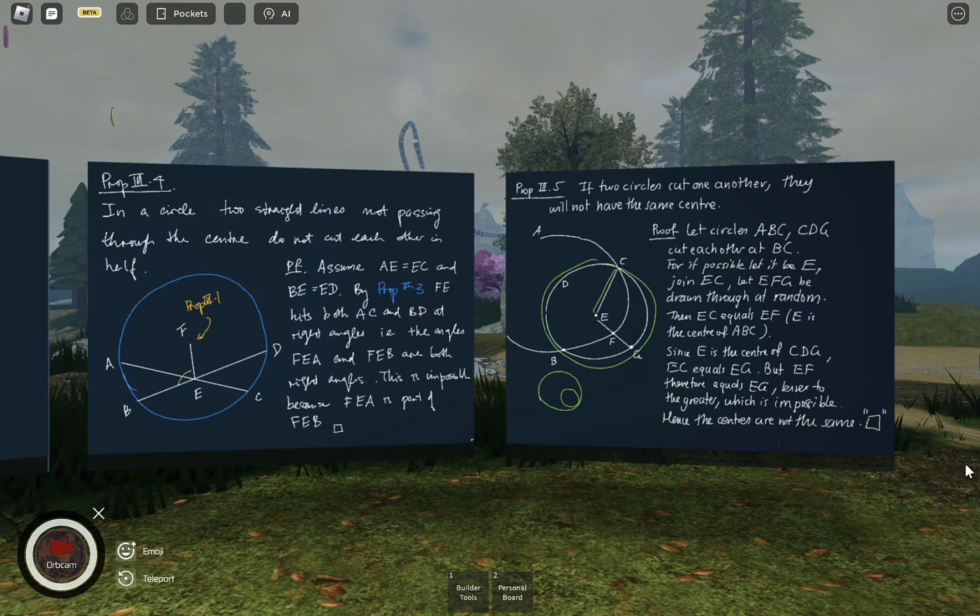I think we could fix it. But yeah, I feel a little unsure. I think this is resting a bit on implicit statements or understanding of the behavior of two circles when they meet from the picture. But yeah, we'll leave it at that.